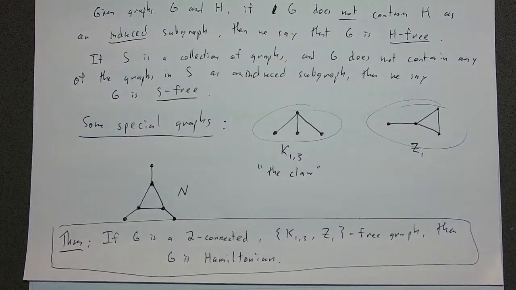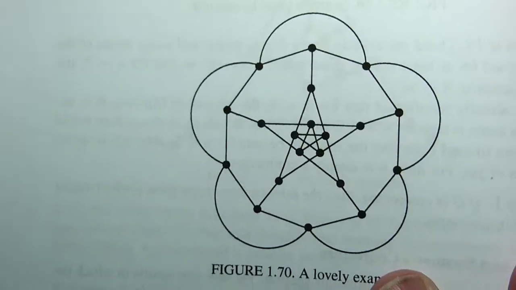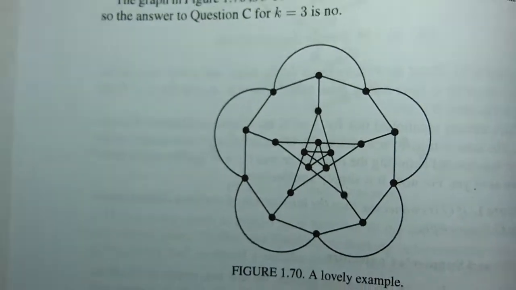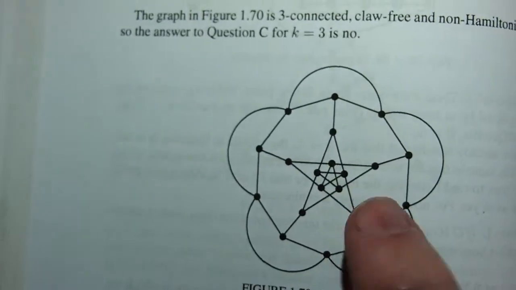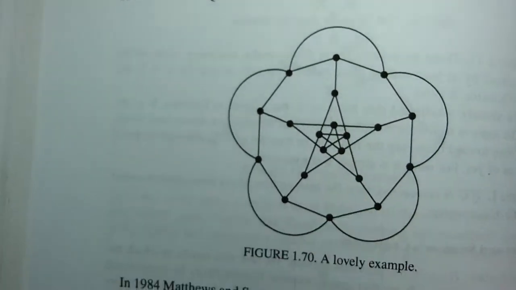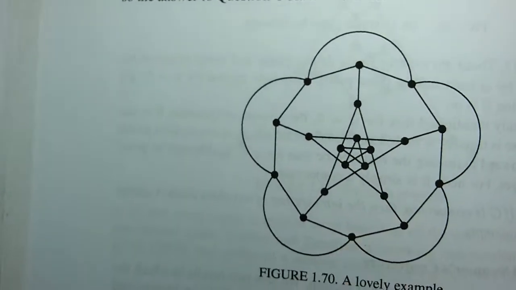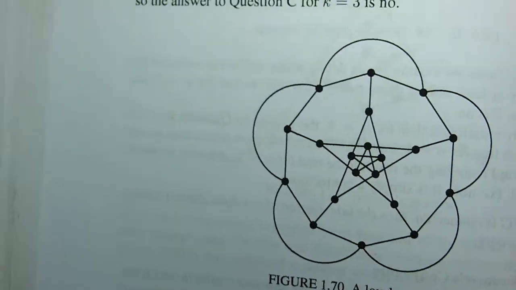So in fact, might as well just go ahead and do this. Let me give you a picture here. Here's a graph. This graph is claw-free. It's three-connected and claw-free, and it's non-Hamiltonian.